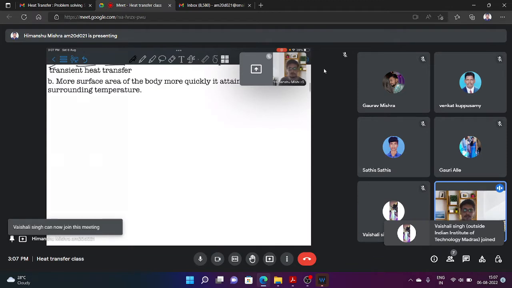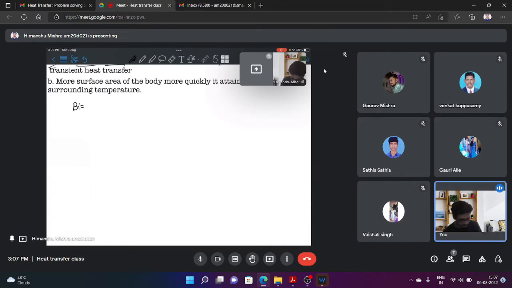To do the lumped analysis, we need to ensure that the Biot number, which is the ratio of the internal conduction resistance to the external convective resistance, should be less than 1, or to be more specific, around the order of 0.01, which says that inside the body the heat should be uniformly distributed.